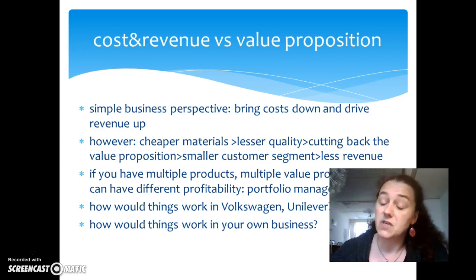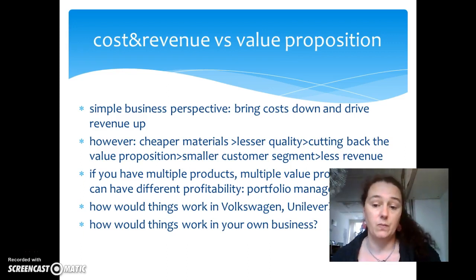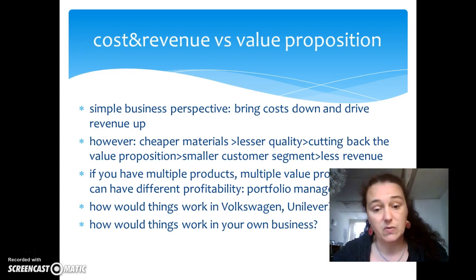Well, let's use cheaper materials, which will lead then to lesser quality. And that means actually diminishing or cutting back on the value proposition that you offer, which might mean that you are serving, again, a smaller customer segment and getting in less revenue.